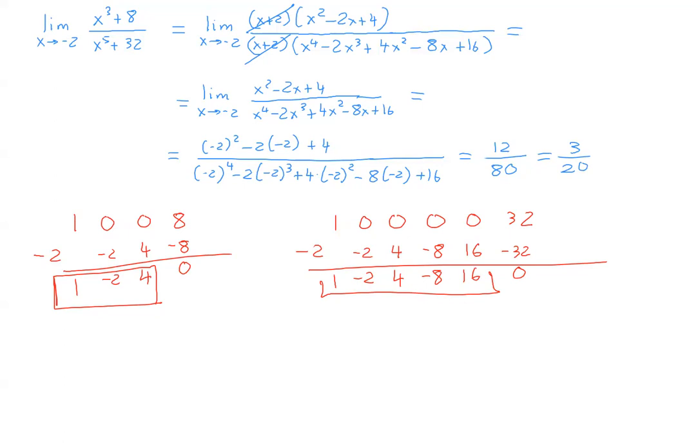Let's do one more example of this type. So let's do the limit as x tends to 1 of x to the 4th plus 5x squared minus 6 divided by x cubed plus 4x minus 5.